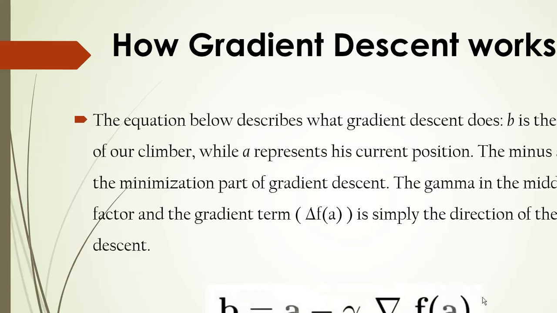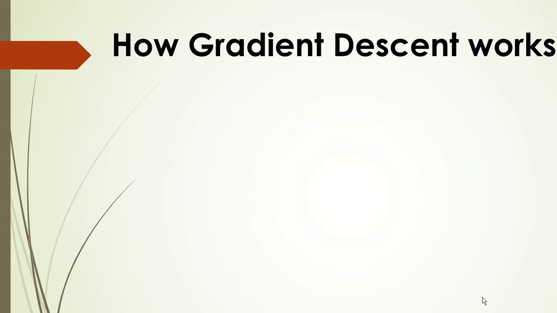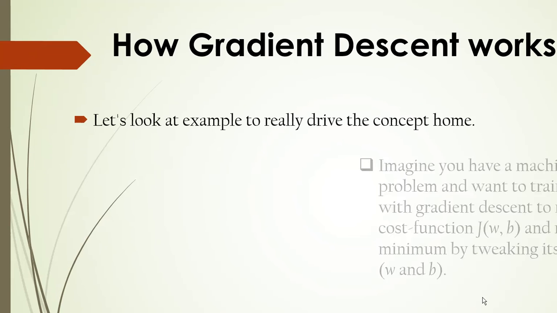Here, B is the next position of our climber, and A represents his current position. The minus sign refers to the minimization part of gradient descent. The gamma in the middle is a weighting factor, and the gradient term f of a is simply the direction of the steepest descent. Next, let us look at the example.